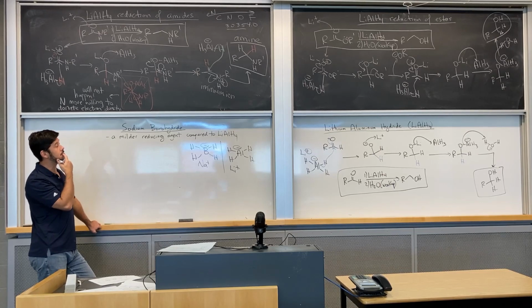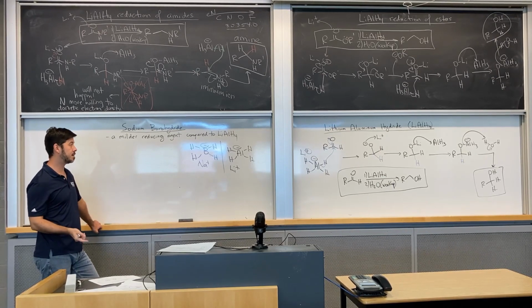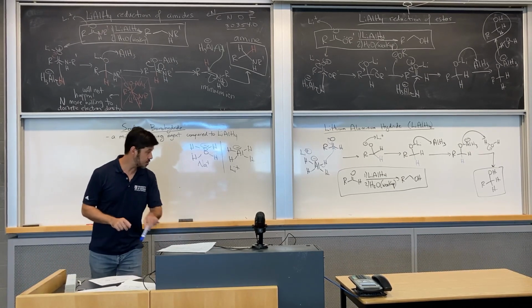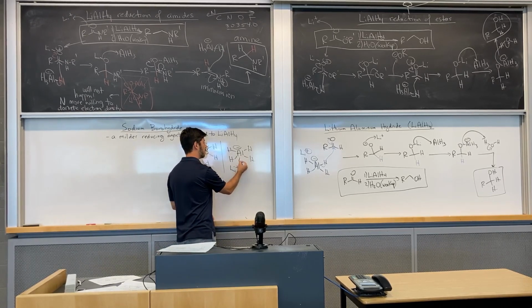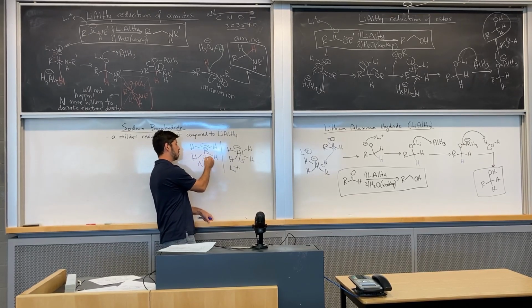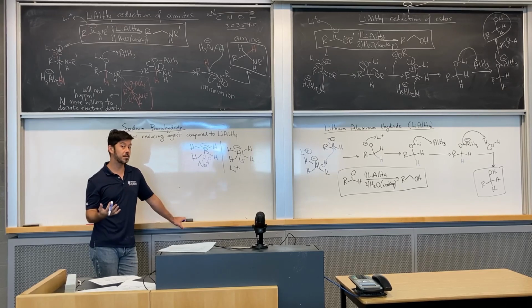Okay, so let's take a look at the electronegativity of boron and aluminum. It turns out that the electronegativity of aluminum is actually around 1.5. Boron is around 2.0. So they're definitely not electronegative elements.